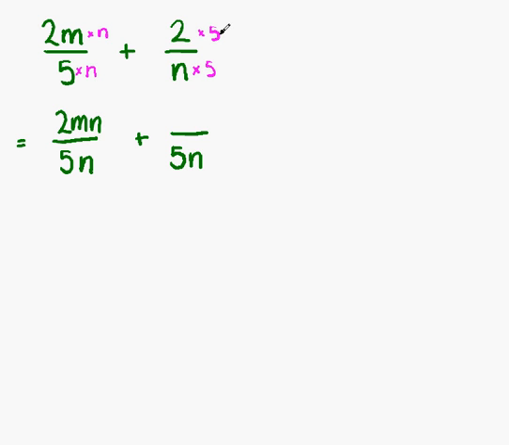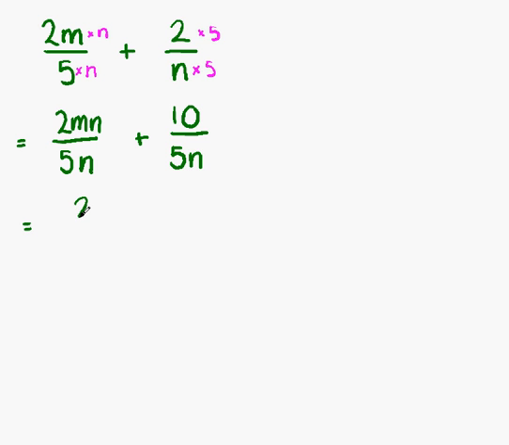And on this one, 2 times 5 gives us 10. And remember, we got the bottom by 5 times n gives us 5n, and n times 5 gives us 5n. So now we have two fractions with a common denominator, which means they can be added.